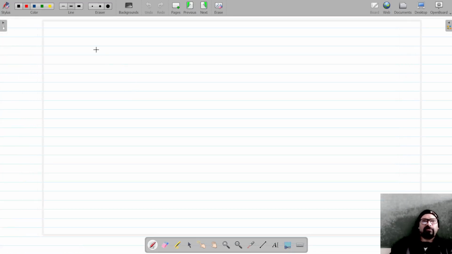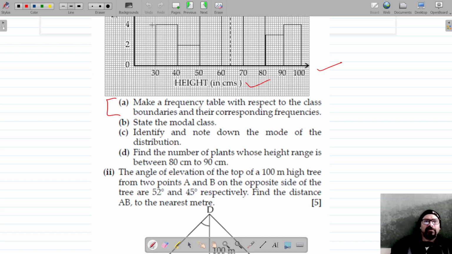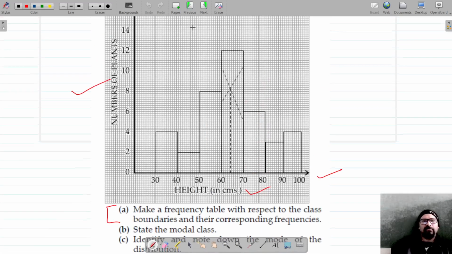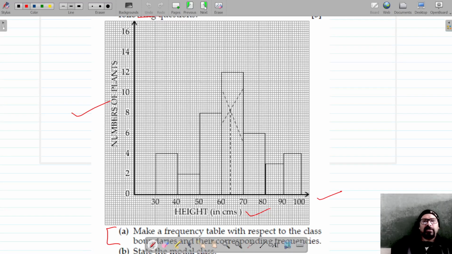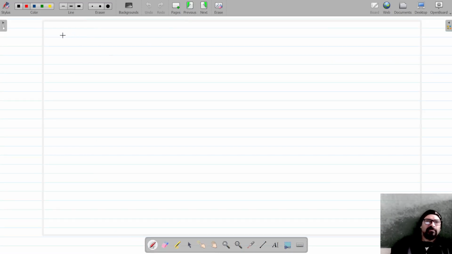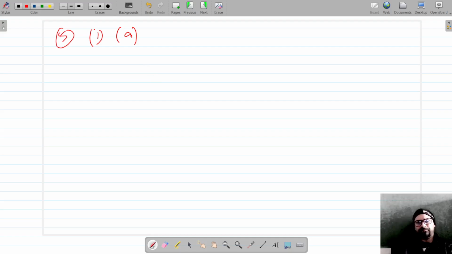Okay, so let's make a frequency table, and this is part A, subpart A of the first part. So question number fifth, one, and part A. Now we have to make the frequency table, where the frequencies are on the vertical axis and the class intervals are on the x-axis.